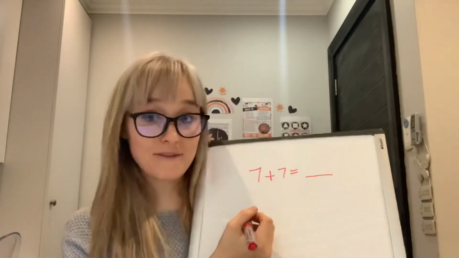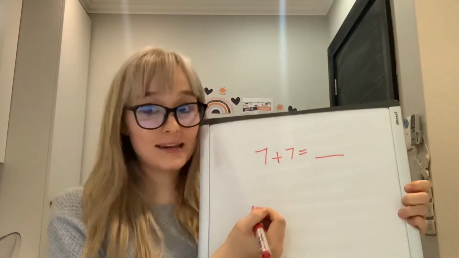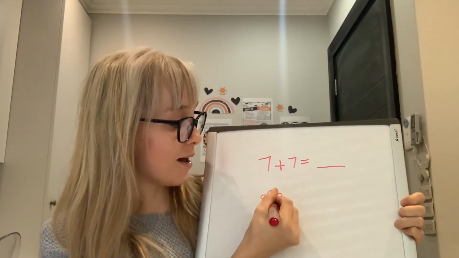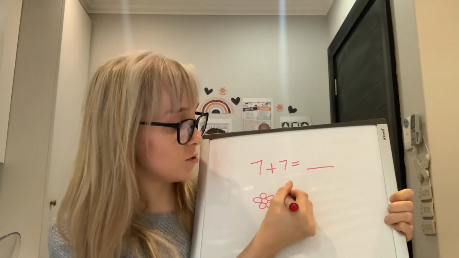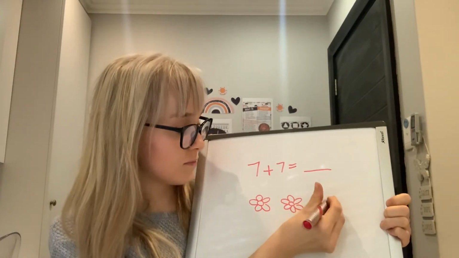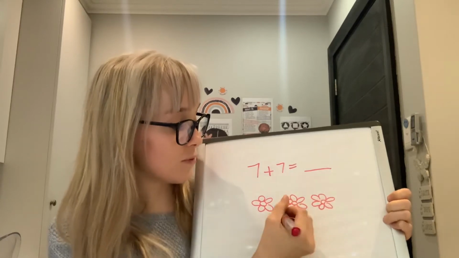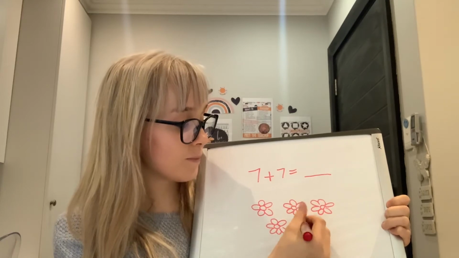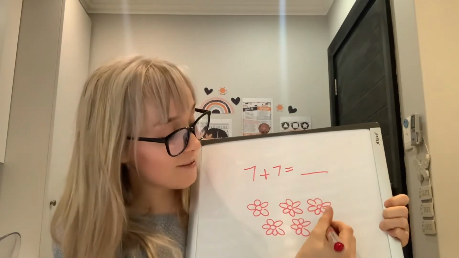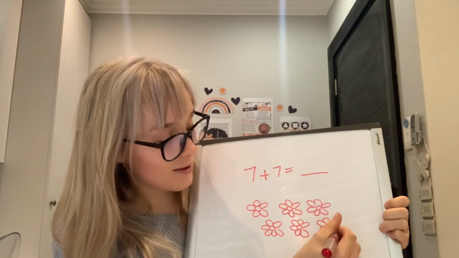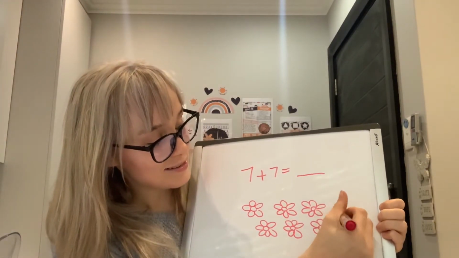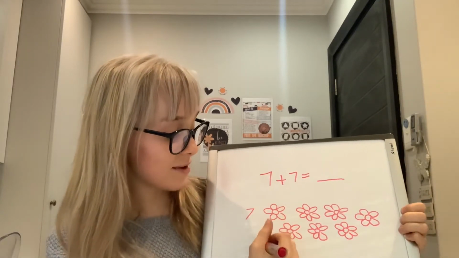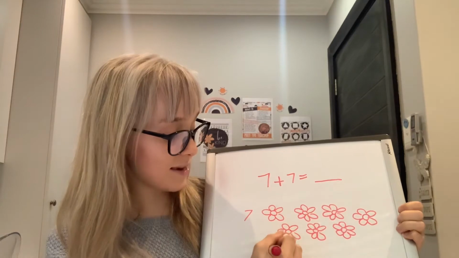I can draw 7 flowers and 7 leaves and count them all together. 1, 2, 3, 4, 5, 6, 7. And now I'm going to draw, so that's the first 7. The bottom here I'm going to draw 7 leaves.